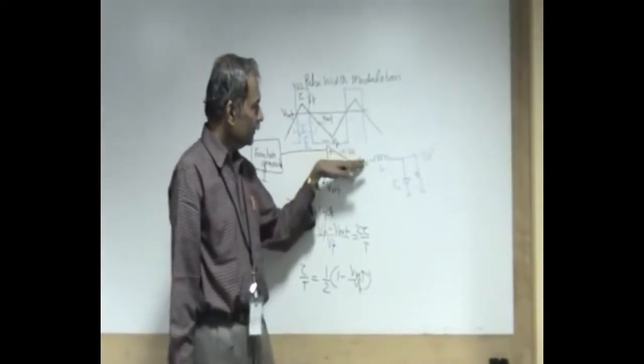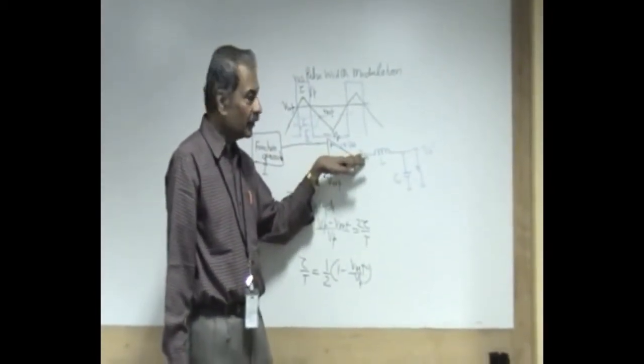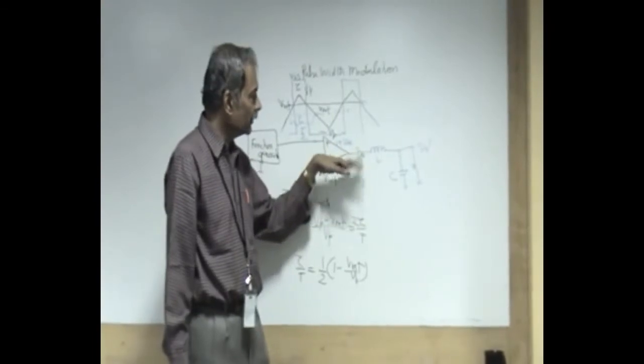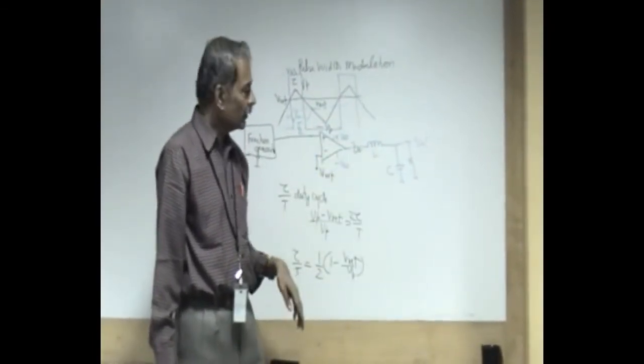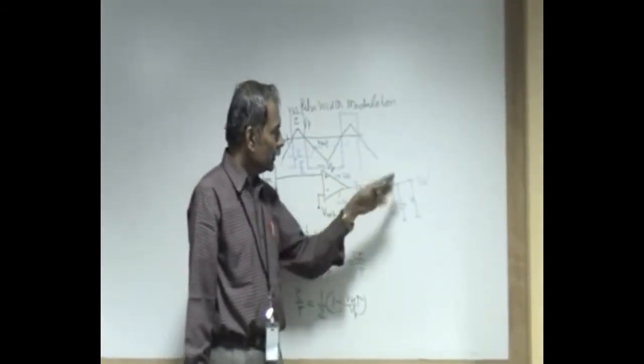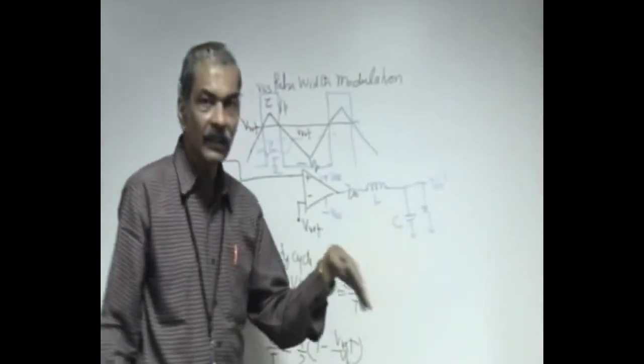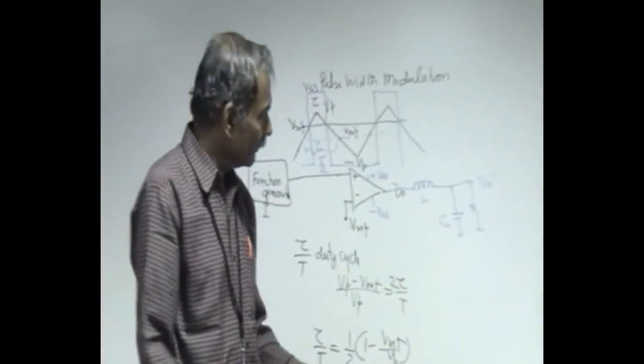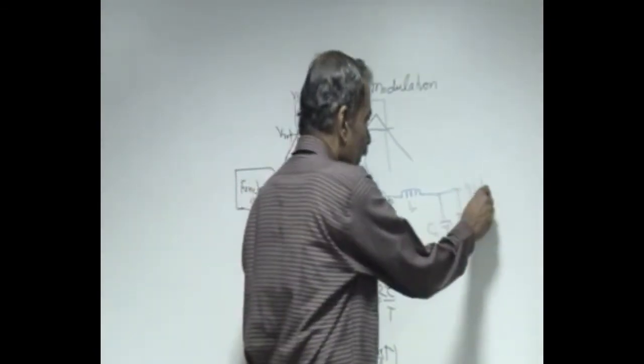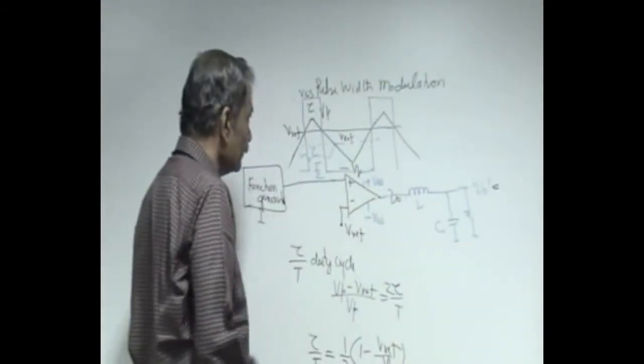Right? And this is the output corresponding to the switch. This can activate a MOS switch also, so that it can handle the power. And then we can put an inductor and a capacitor as an efficient rectifier filter, so that the output is the average of this. What is the average of this waveform?